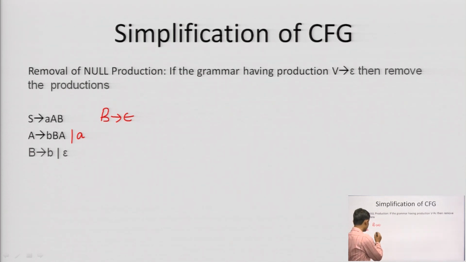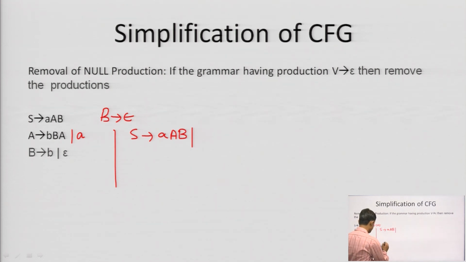So what is the first step we have to do? You see here B to epsilon. Now we have S to AB. When we remove B to epsilon, wherever there is B, we put epsilon there. Now come to A. A already has two productions, one is BB and another is a.